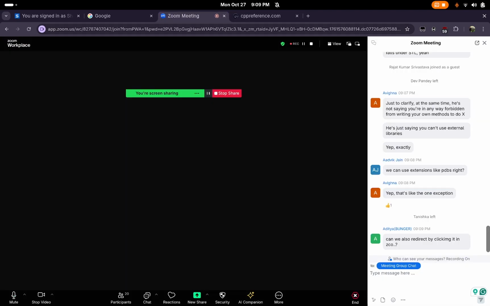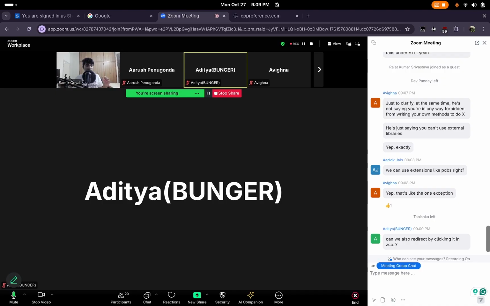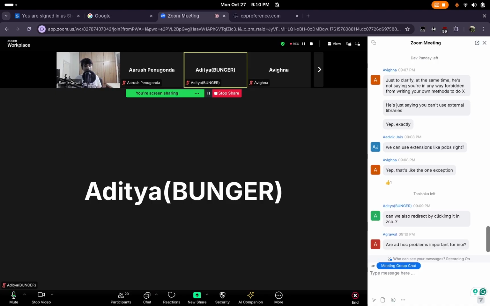In ZCO you won't be able to use this URL. What they'll do is, in the venue, I don't remember this, but whenever you go, they'll provide you with an instruction sheet, or on the website you'll see some instructions about where to access CPP reference, but it will be available.